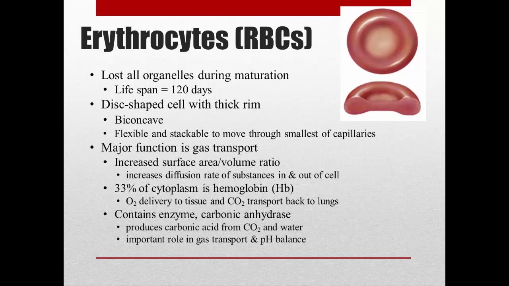And also inside that red blood cell is going to be carbonic anhydrase. If you remember, we talked about this as the enzyme that causes the combination of carbon dioxide and water to convert it into carbonic acid. And so this is one of those equations that's going to be important as we look at gas transport and pH balance.